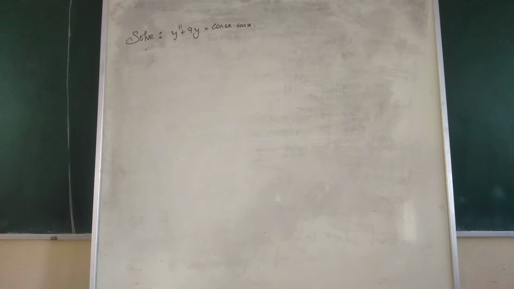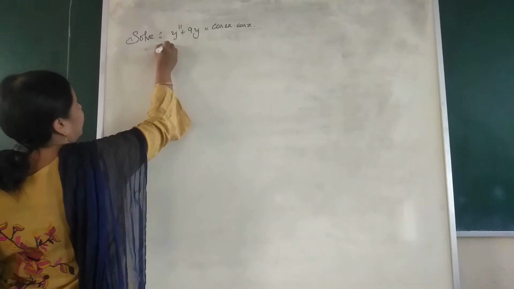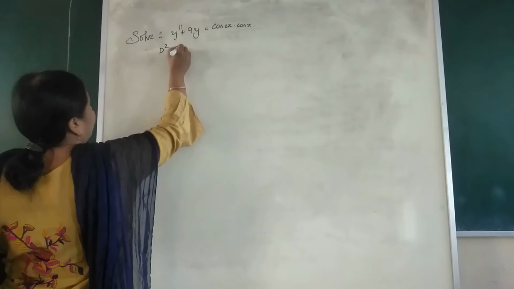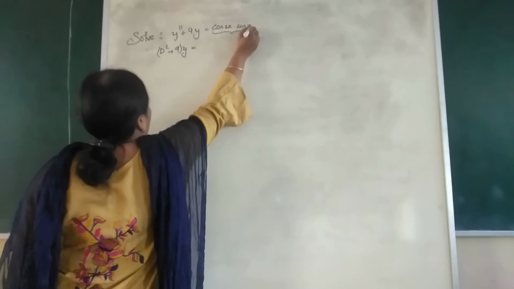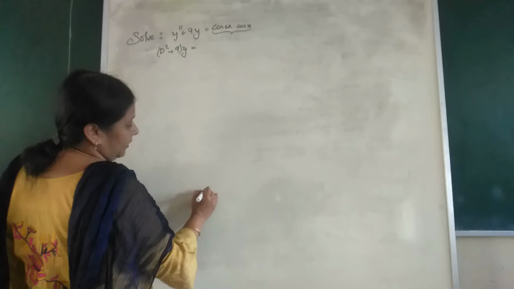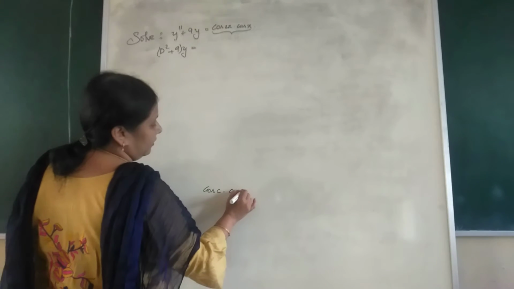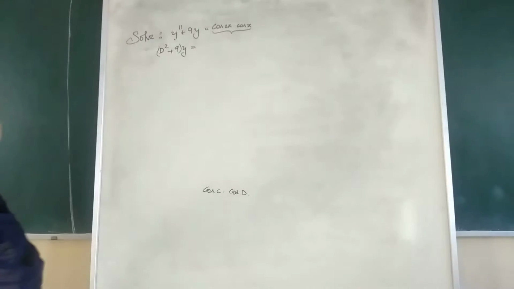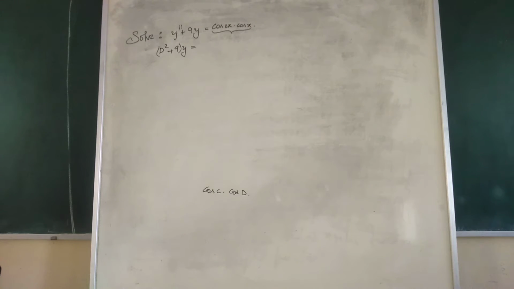All right. So first, writing it in the operator form, we have (D square plus 9) y is equal to, instead of this, we have a formula. You might have studied it in trigonometry in 11th: cos C cos D, we have the product-to-sum formula to apply here.